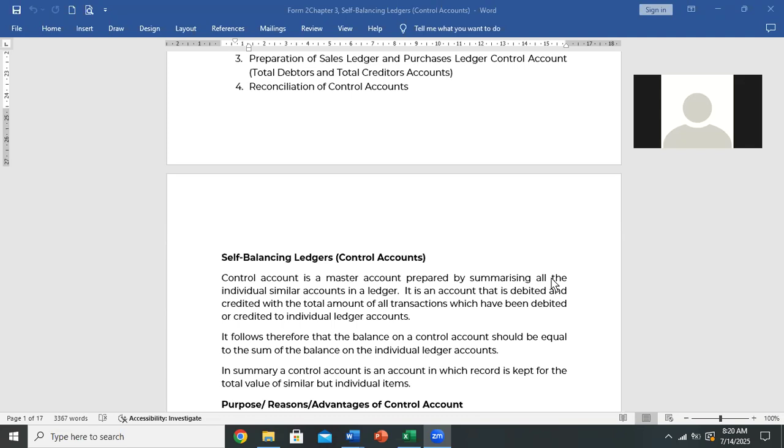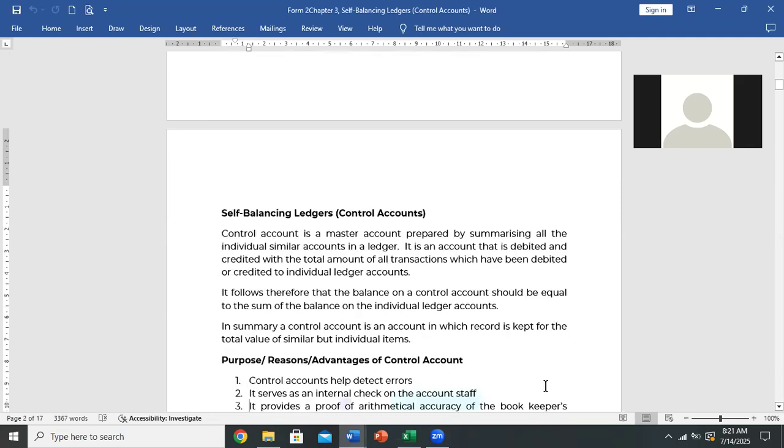Okay, anyway, let's continue. So I think we were able to look at the two types of control account, and we said that we have the purchases ledger control account, also known as the creditors control account, as well as the debtors control account, also known as the sales ledger control account.